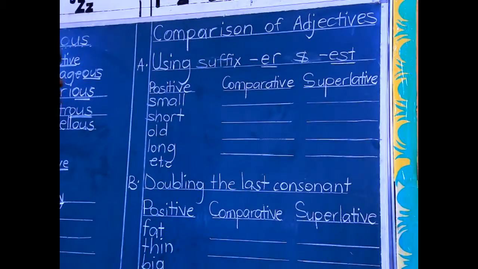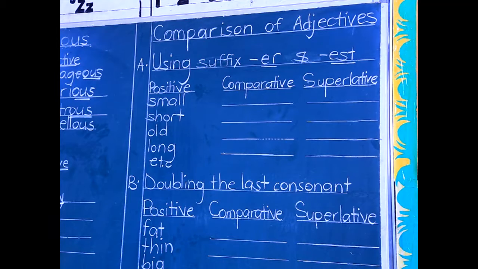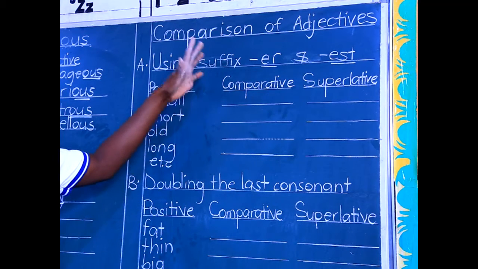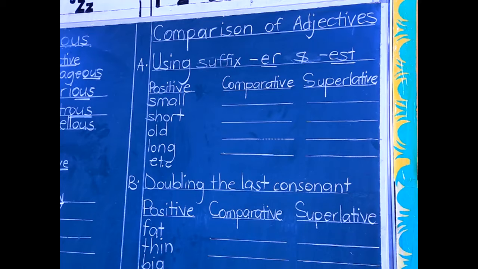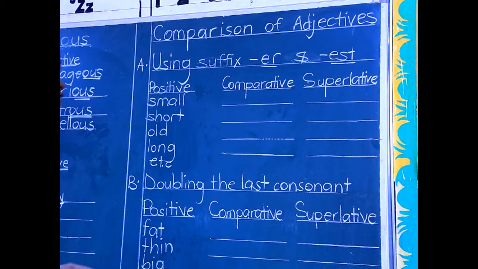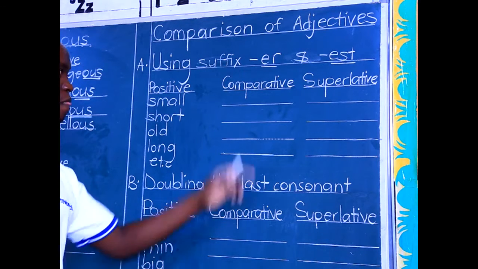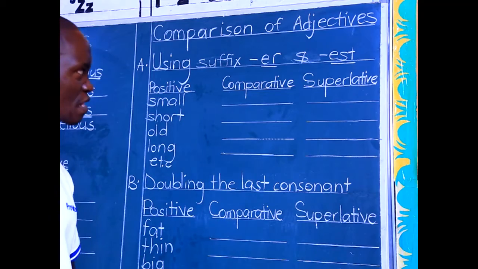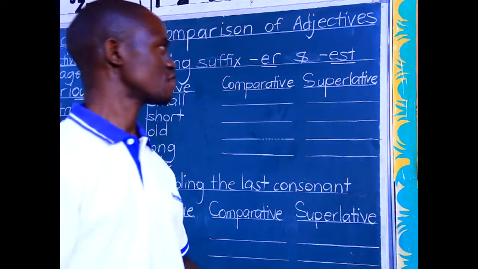When we use er from P3, P4, P5, that was the what? The moment you got the introduction to comparison of adjectives, the teacher must have told you that adjectives are compared in 3 degrees, where the first degree is the positive degree, then the second degree is the comparative degree, and the third degree is the superlative degree.